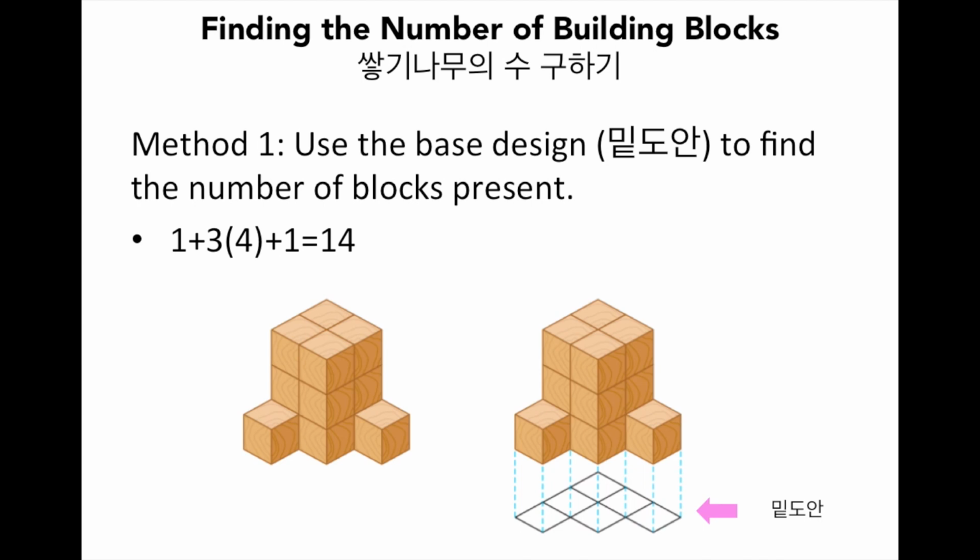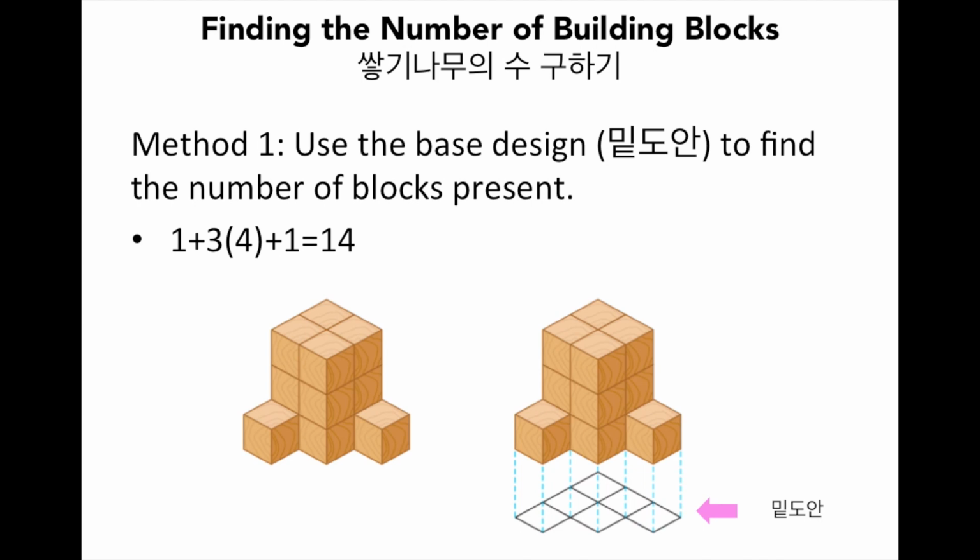Okay, so the first thing that you're going to learn about in Unit 1 is how to find the number of building blocks present. There are 4 ways to do this, and this is the first method. You would just use the base design or the bituan to find the number of blocks present.